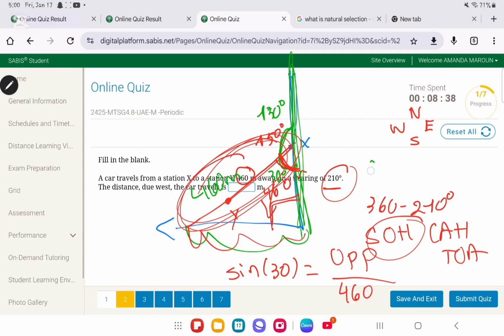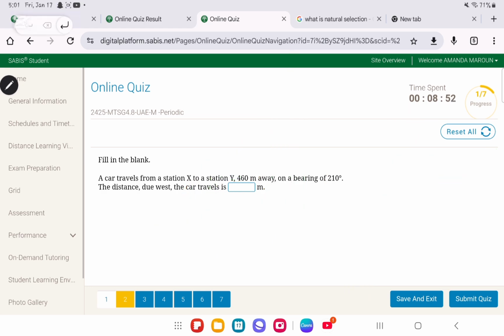So then we cross multiply, the opposite is equal to 460 times sine 30, which is then equal to 230 meters. Now, another way to do this is, you can do it in whatever way you understand it, as long as you get the concept correct, okay?